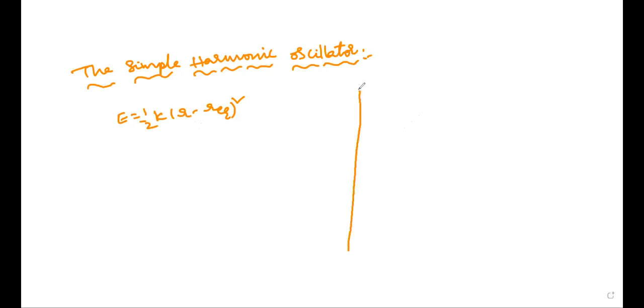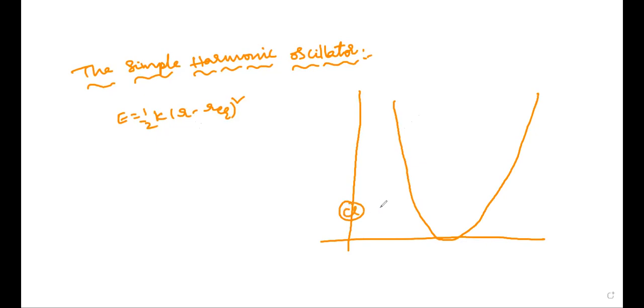Again I will draw a graph. This is Cl and H dash, H double dash, so epsilon 2.